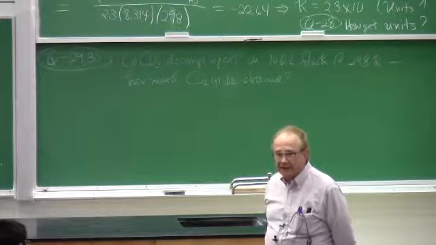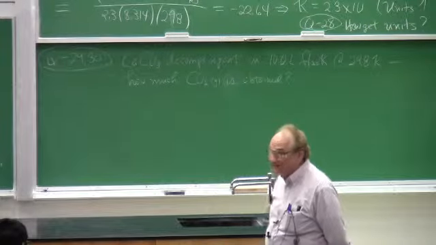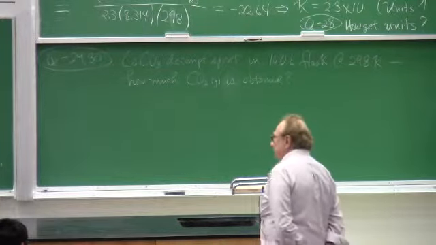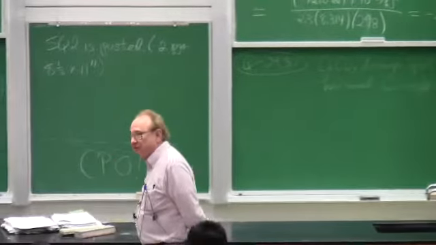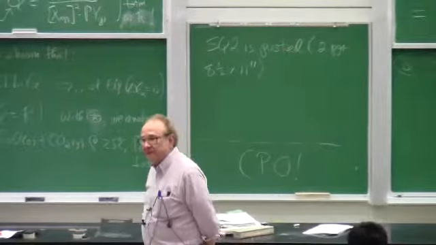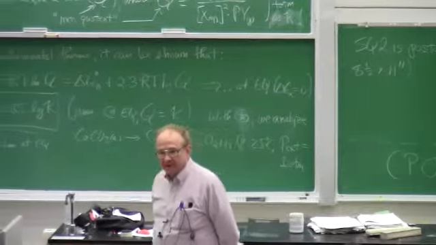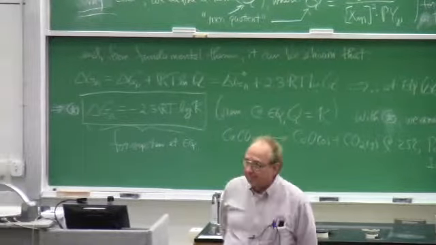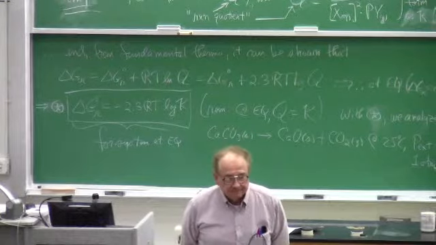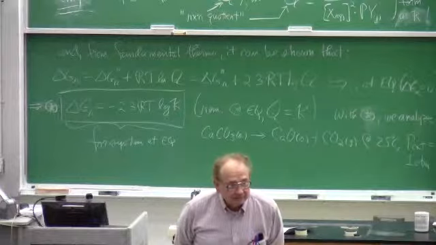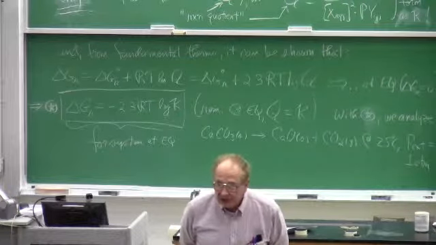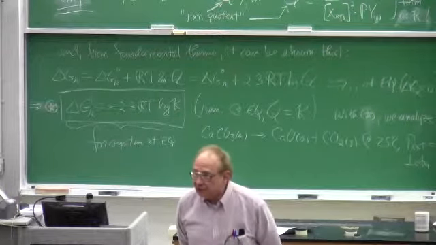But measuring delta S0 directly, that's not easy to do. The upshot of which is if I want to get delta G0 for the reaction, since it's difficult to measure delta S0, I have a problem. But with this relationship, the problem is eliminated. Because measuring the equilibrium constant for most reactions is not difficult.